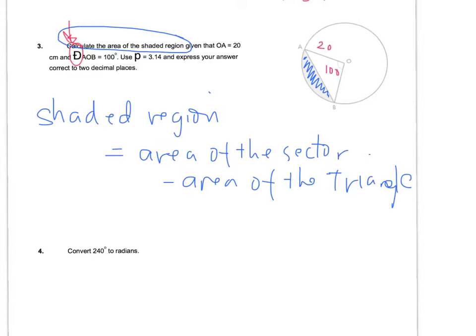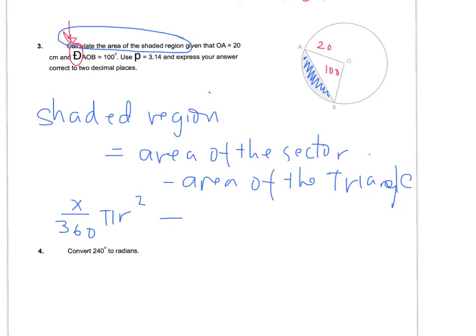The area of the sector is x over 360 pi r squared, and then minus the area of the triangle. Remember, there's a special formula for the area of a triangle given two sides and an included angle.